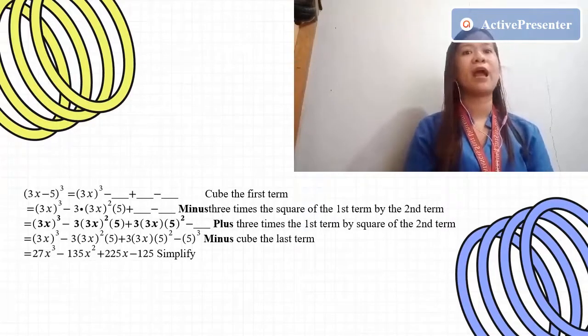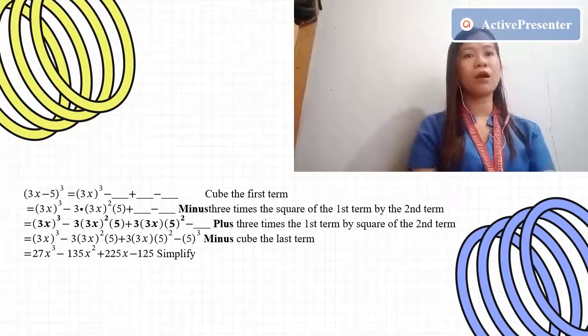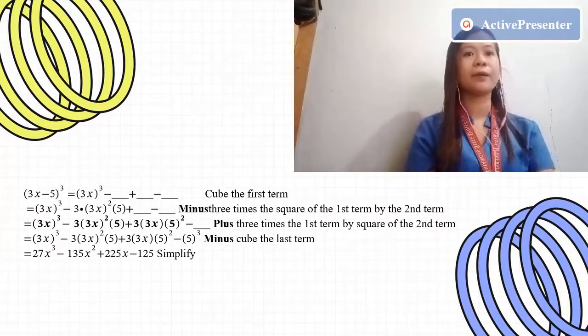So we have 5 cubed is equal to 125. Then our final answer for the cube of 3x minus 5 is equal to 27x cubed minus 135x squared plus 225x minus 125.